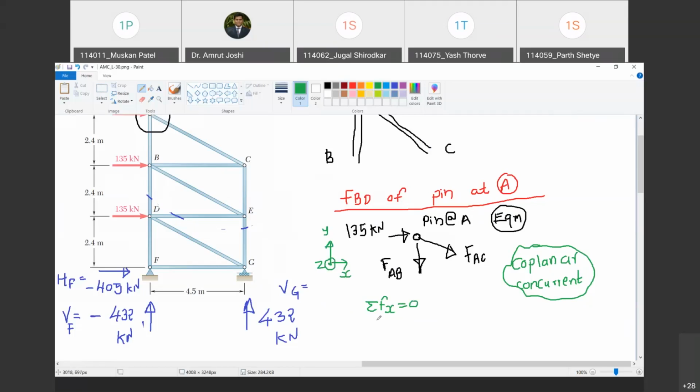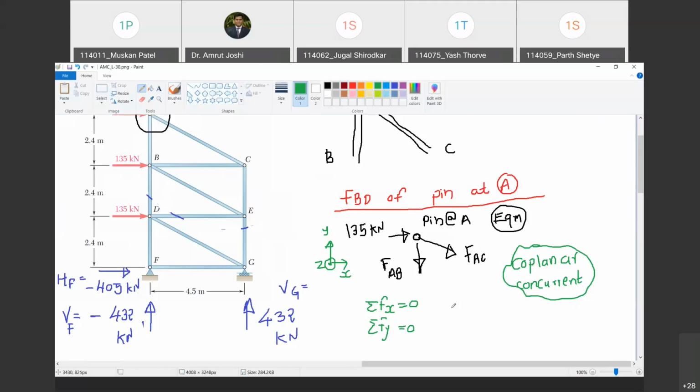What happens to the summation of moments about the z-axis passing through A? Now you have no choice. You have to take moment only at point A, because everything is happening at point A. Do you agree with me? Yes, sir. And all the forces have their lines of action passing through A, and there is no external moment acting there.